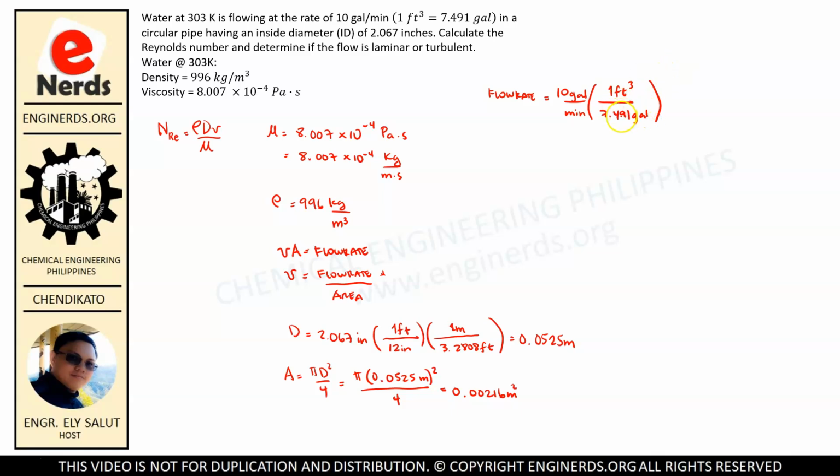Okay, and then i-convert natin itong ating cubic feet into meters, to cubic meter, I mean. So, we'll have here 3.2808 feet in 1 meter. Then, we will cube this. And then, yung ating minutes, ko-convert natin sa seconds. In 1 minute, we have 60 seconds. Okay, so this will be equal to 0.00063 cubic meter per second.